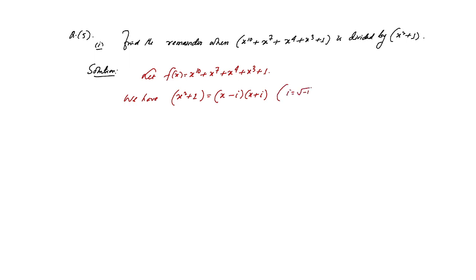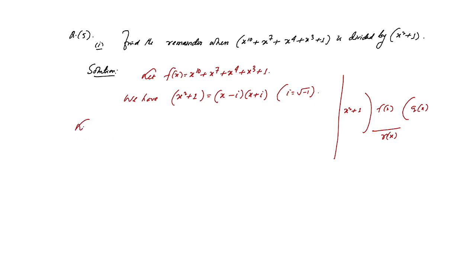What is i? i is basically root under minus 1. So here we assume that if we divide the polynomial f(x) by x square plus 1, then we get a quotient and remainder.